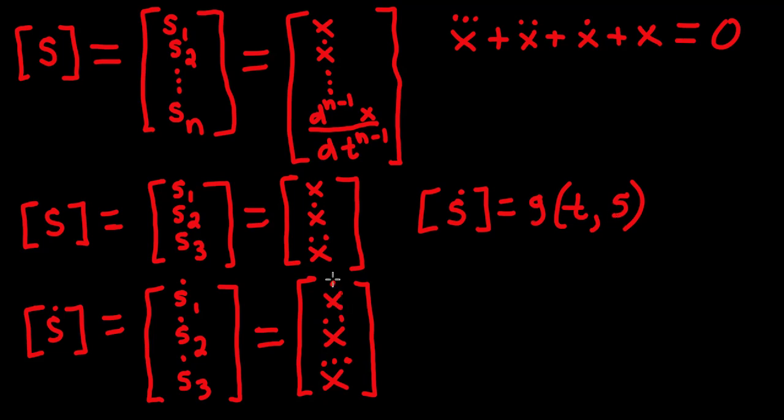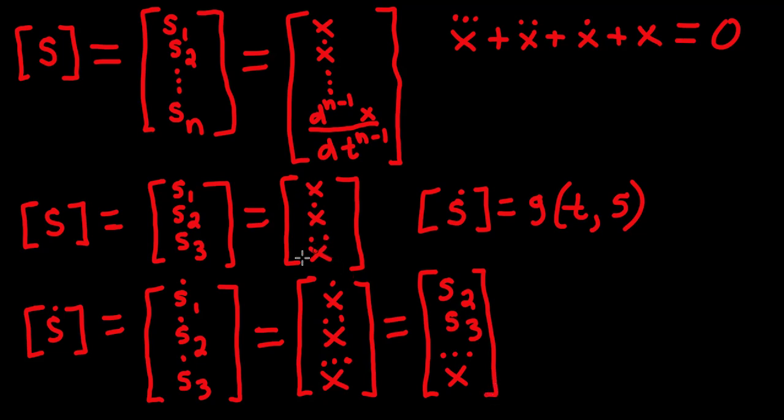Well, if you look closely, x dot is just S2, x double dot is just S3, so we can put that in right now. We have S2, we have S3, but x triple dot is not defined by a state variable here. So we don't have x triple dot as a state variable.